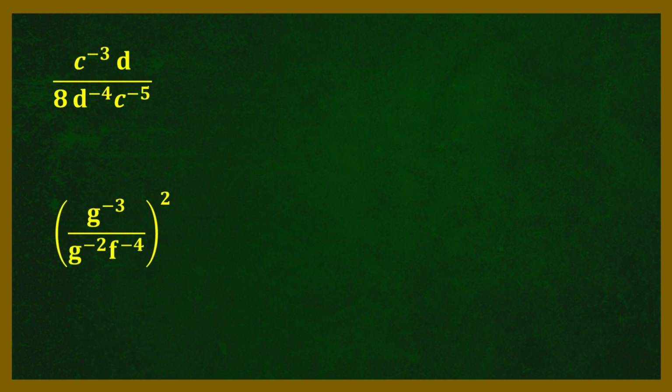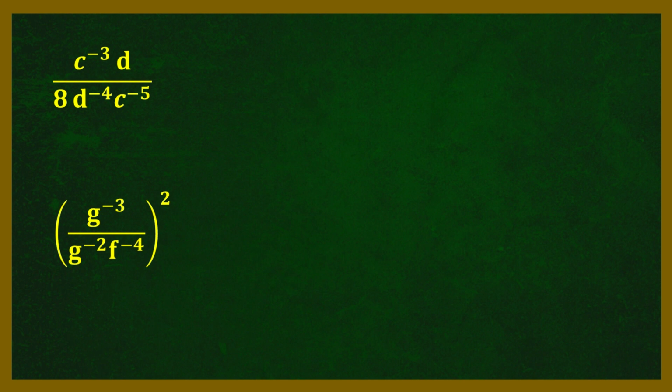Next up, we have c to the negative 3rd power times d over 8 times d to the negative 4th power times c to the negative 5th power. So we're going to use the quotient law of exponents to solve this problem.